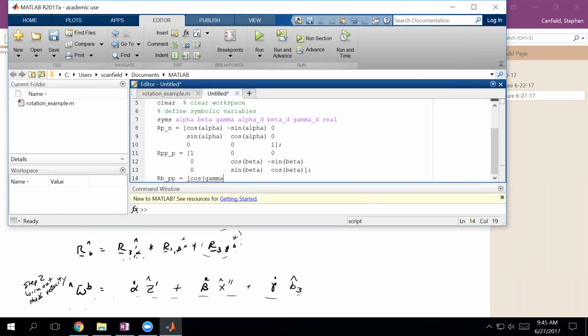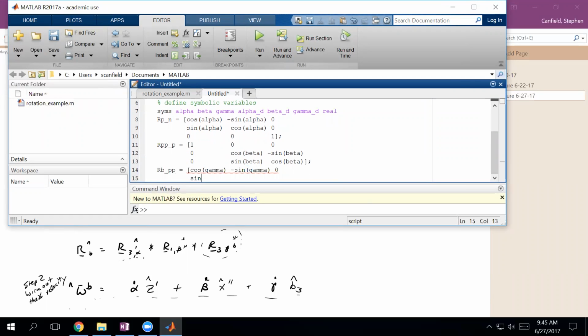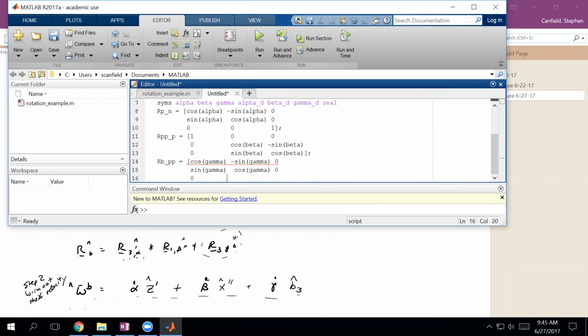Cosine gamma, negative sine gamma, 0, sine gamma, cosine gamma, 0, 0, 0, and 1.